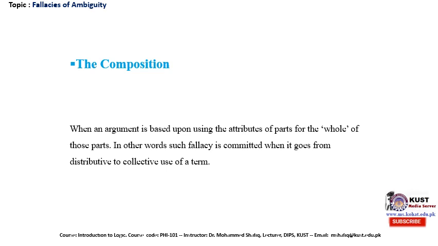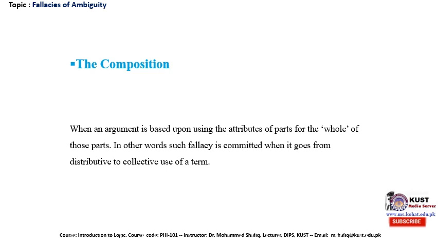Or if I say Mr. X is good, then I say Mr. X is a sportsman. And we conclude from these two premises that therefore Mr. X is a good sportsman. Now being good is something else and being a sportsman is something else.